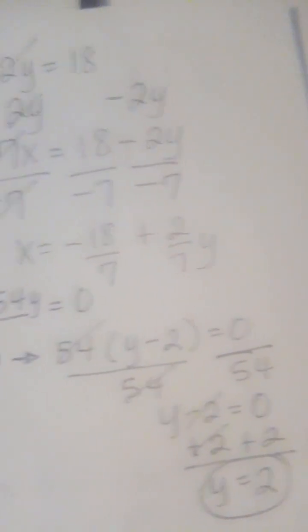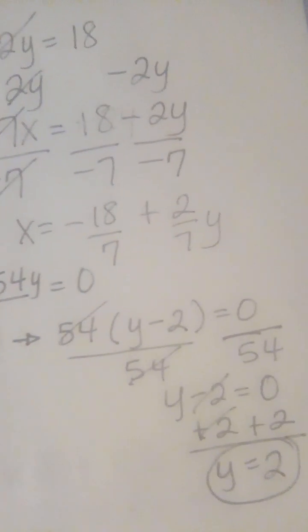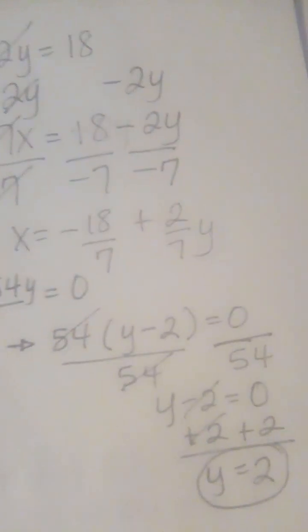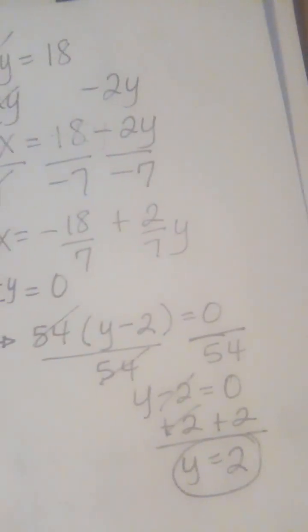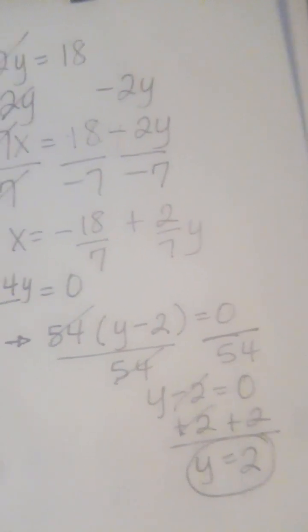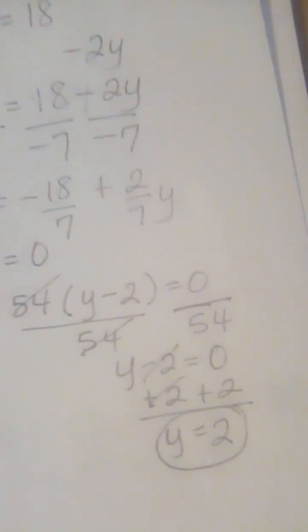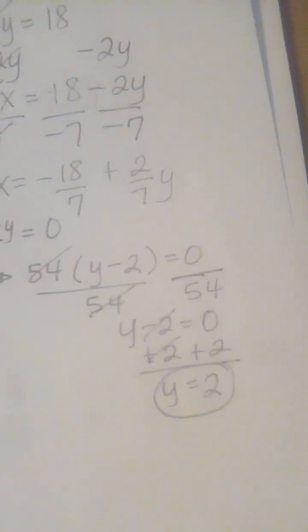And after we have that, we divide 54 on both sides of the equation, and it will eliminate the 54s on the left side, remaining with the parentheses, y minus 2 equals 0. Of course, 0 divided by 54 is 0. And then we add 2 to both sides of the equation, y equals 2. We're almost finished. All right.